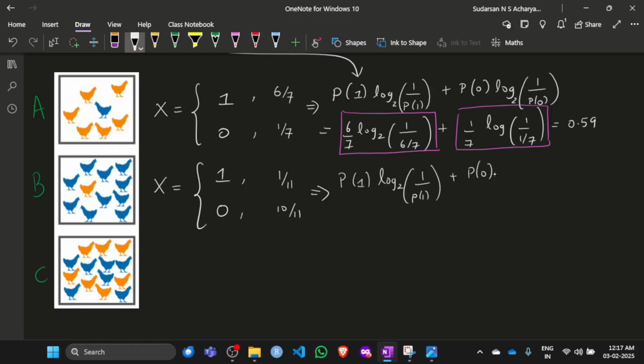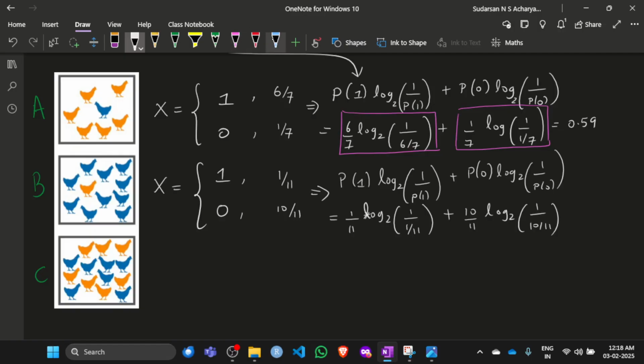Same thing for P of 0, log of 1 over P of 0. If you put in the values, P of 1, the probability that you take an orange chicken, is 1 over 11, and again I'm using log base 2, 1 over 11. The probability of picking a blue chicken is 10 over 11 times log base 2 of 1 over 10 over 11.